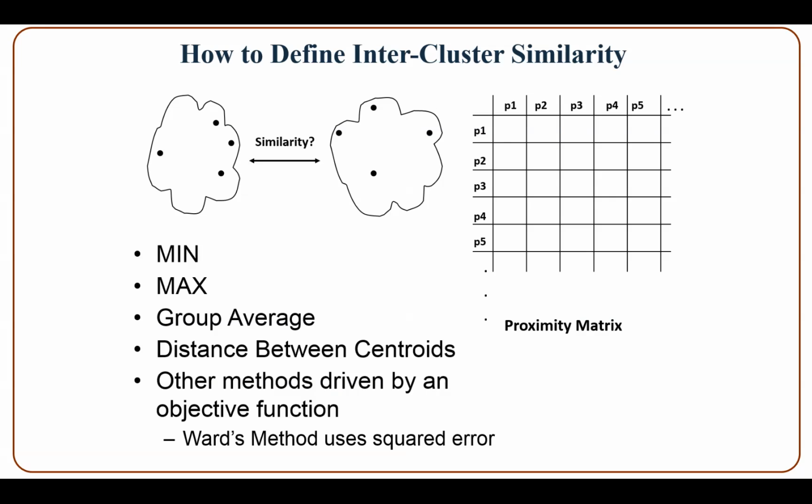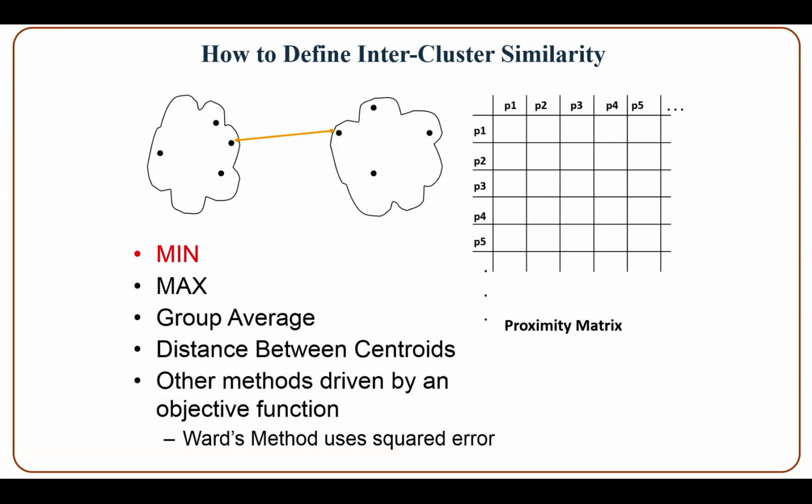Cluster proximity is typically defined with a particular type of cluster. For example, min, max, and group average come from the graph-based view. Min defines the cluster proximity as the proximity between the closest two points that are in different clusters.